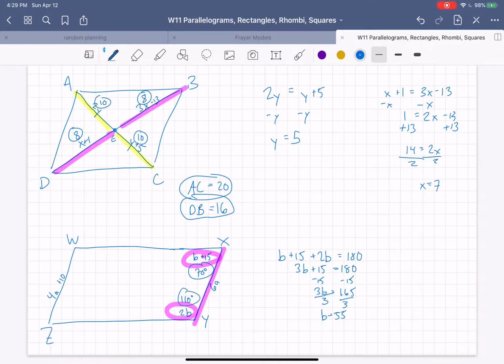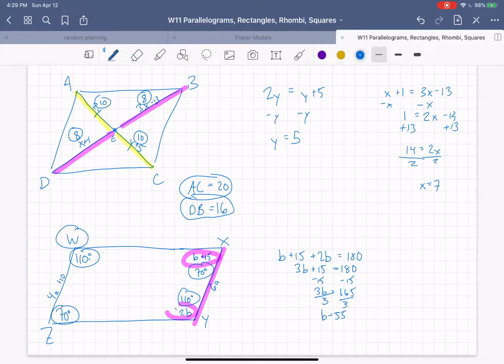And the answer is yes, right? One of our properties says opposite angles are congruent. So if we're looking at W, we need to say what angle is opposite from it. So we go across the shape and we get to Y, which is 110. We could also see that because these two angles are both obtuse, this other one is 70. So we found all the angles.